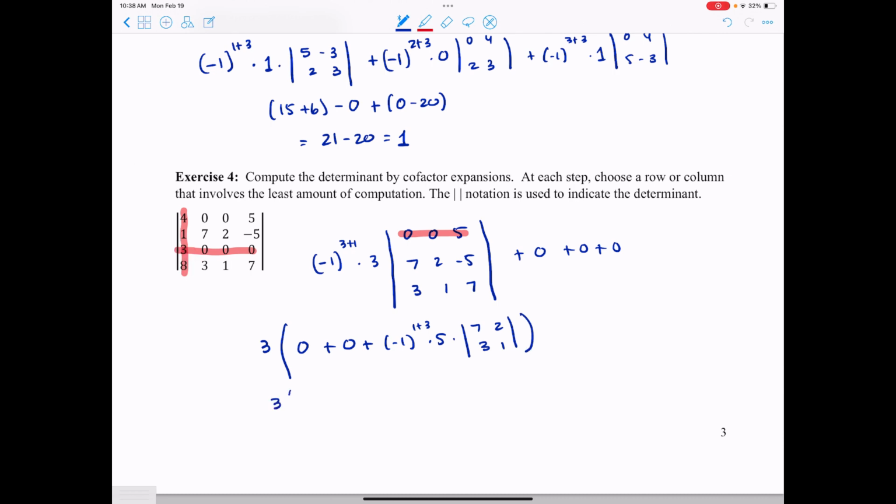So I have 3 times negative 1 to the 4th is positive, so times 5 times 7 minus 6, which is 1, so 3 times 5 is 15. So the determinant of this matrix is 15.